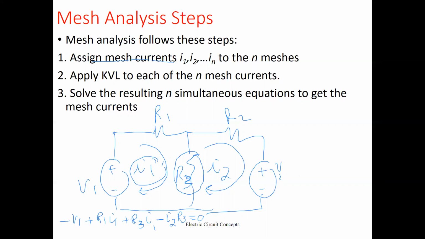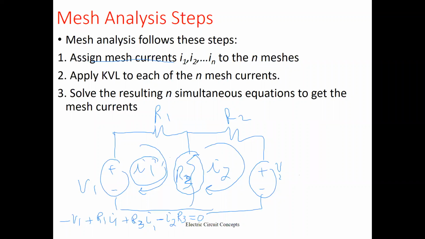So this is equation number one. Applying KVL will give me N mesh equations, so it depends on how many meshes I have. I should have 3 or 4 or 5, depending on the number of meshes, as the number of simultaneous equations to solve.